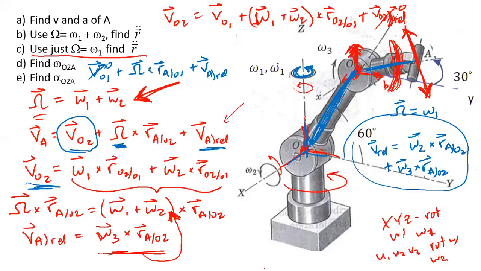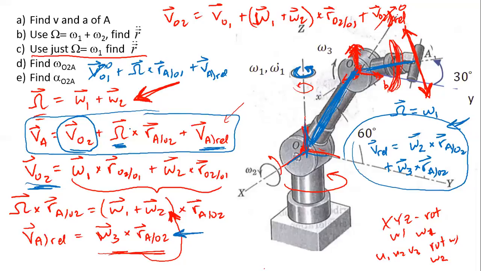So if you look here, the VREL term, Jason, if you're doing the capital omega, then the VREL term goes here, whereas up here, the VREL term has both of them. So when you change the big omega, the VO2 still stays the same. That's just your reference point. Because it's the same equation that I'm using right here. What will change is this capital omega and what's going into your VREL. Does everybody see that?